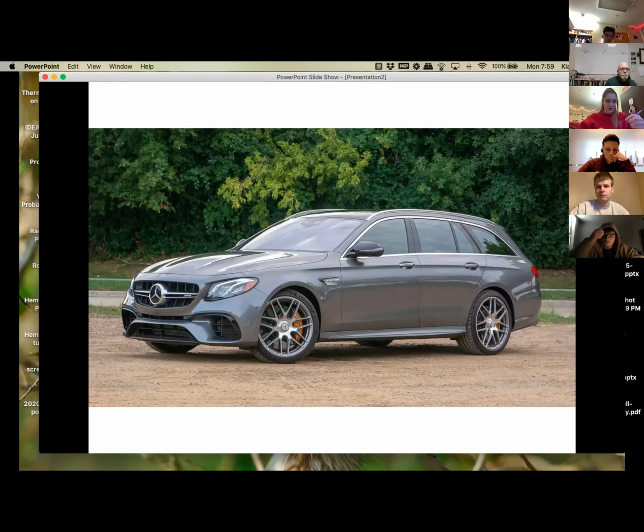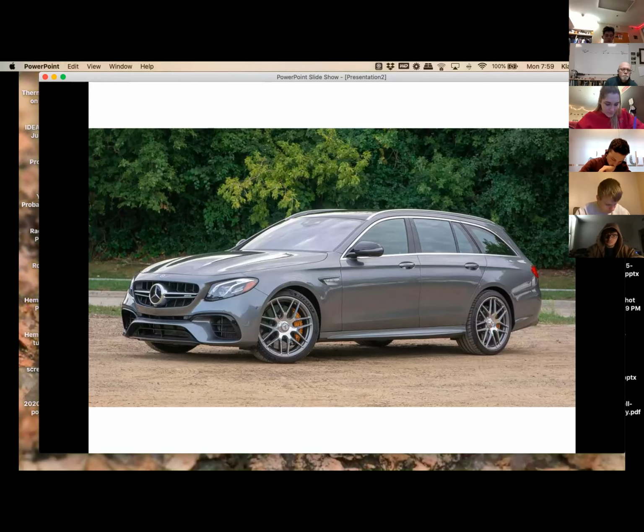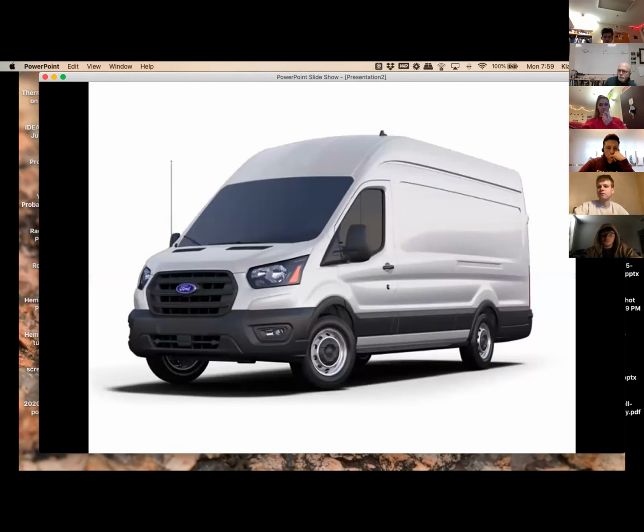Mercedes station wagon. Everybody have your opinion recorded for that one? Everybody good? Hannah? Blaine? Okay. Third car. Ford cargo van. Give me a thumbs up when you're done.